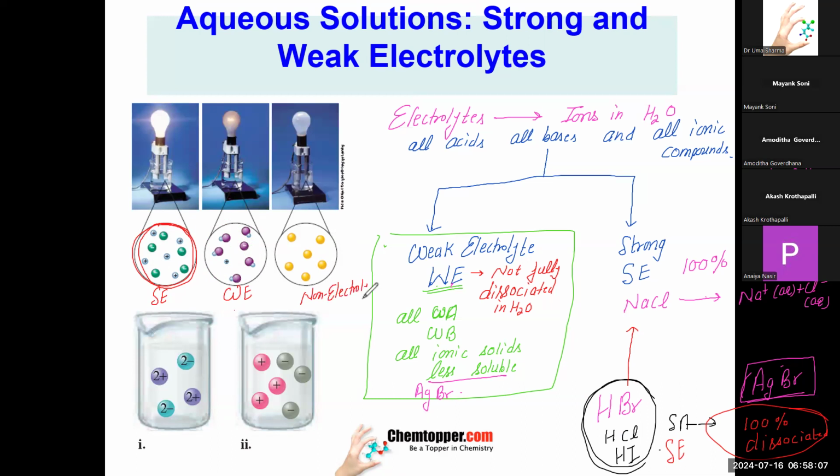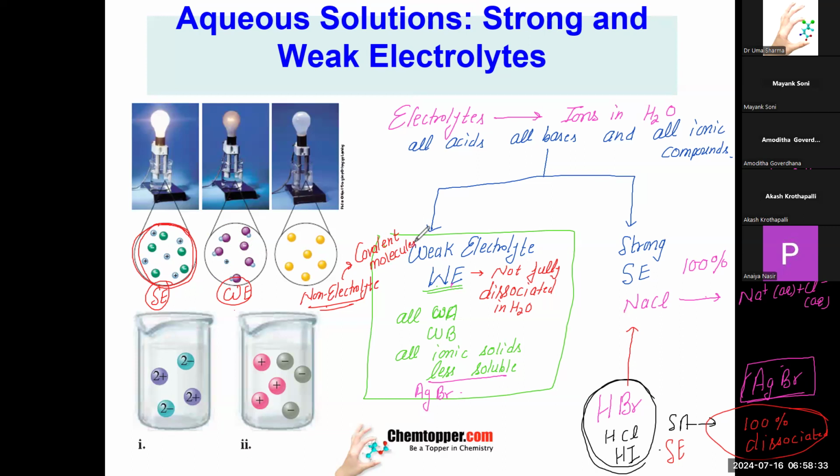I didn't cover this topic, non-electrolyte, yet. So I was working with strong electrolytes and weak electrolytes. What are non-electrolytes? Covalent molecules. They do not break down into ions. Maybe they are soluble, but they don't break down into ions, right? Covalent molecules. What do you think, sugar?